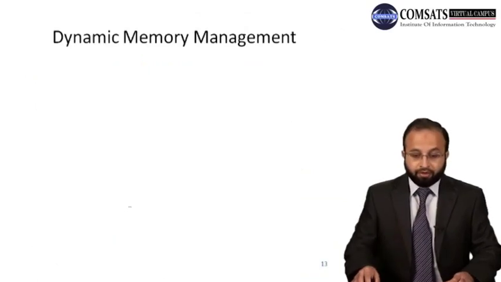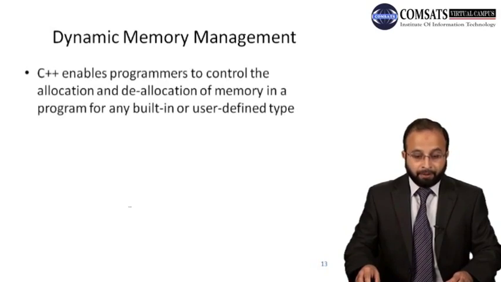Now let's come to the topic of dynamic memory management. That is a very important topic. C++ enables the programmer to control the allocation and deallocation of memory in a program for any built-in or user-defined types.